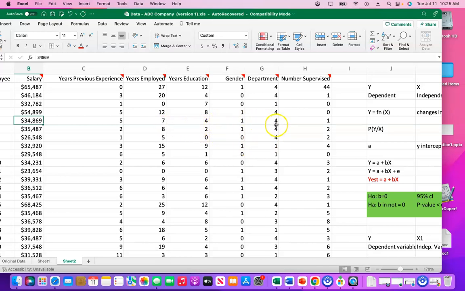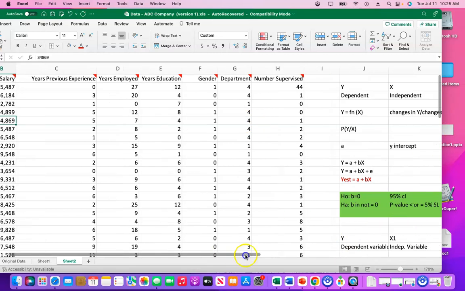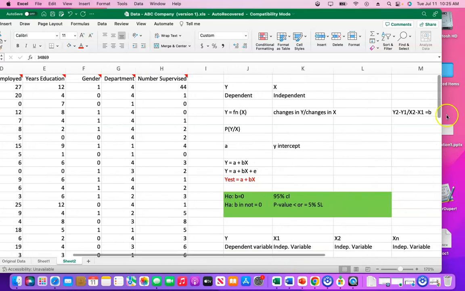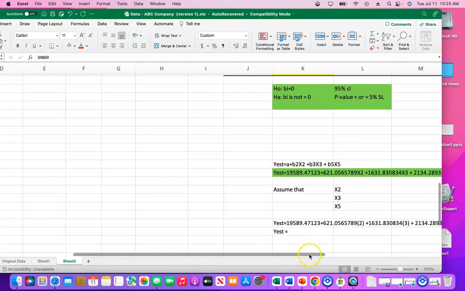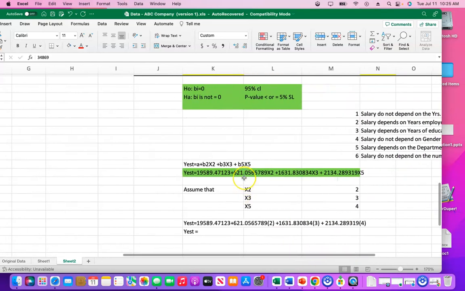But we have department, and this person is working on the department 4. And so we're going to take the slope of the department times 4. You will do it exactly the same as what we just did here. And then you can actually determine the salary, or you can estimate the salary of each particular person.